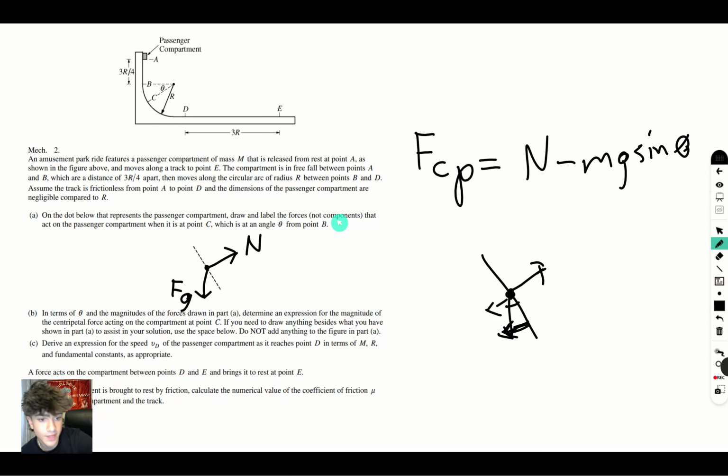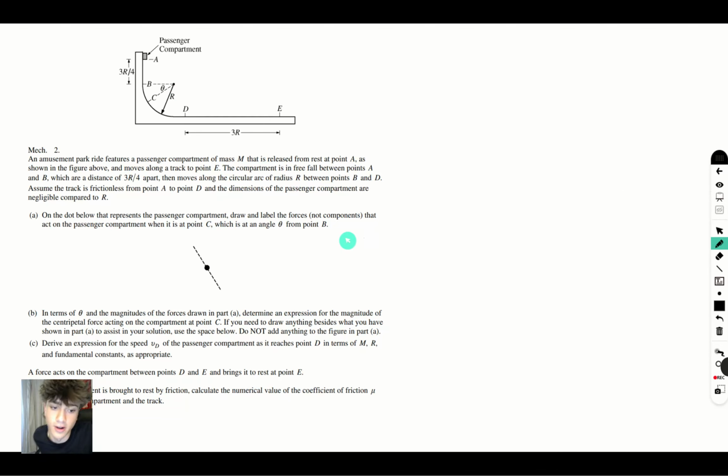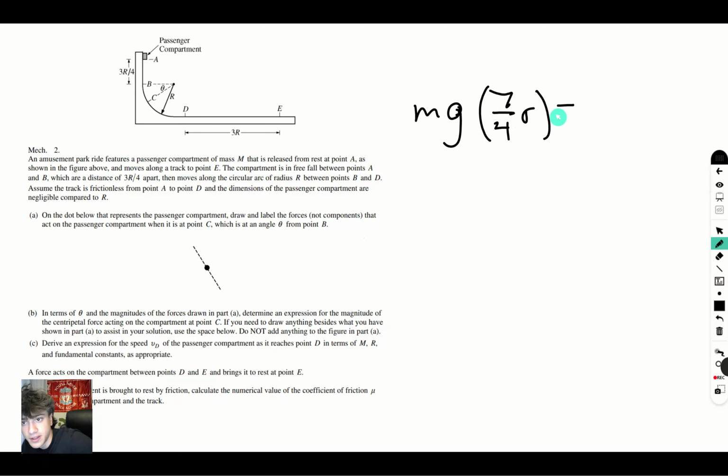And C asks us to find the expression for the speed as it approaches D. From here, we can just use our energy equation. So we know that it starts with potential energy of 3/4 R plus this additional R here, which will give you 7/4 R. So we have mg times h, which is 7/4 R, and that is equal to the kinetic energy that it's going to have at the end, 1/2 mv squared.